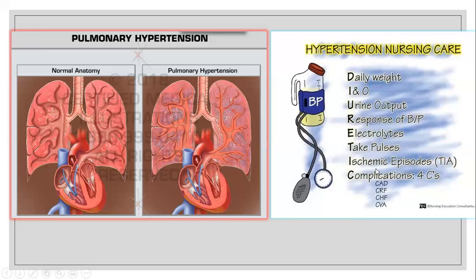When a patient is admitted with hypertension, the primary nursing responsibilities for long-term management are to assist the patient to reduce blood pressure and comply with the treatment plan.